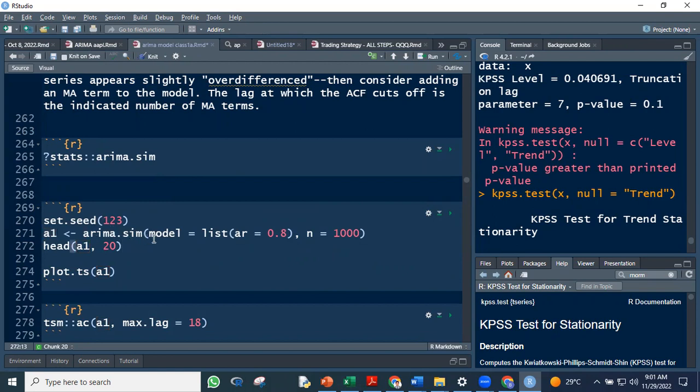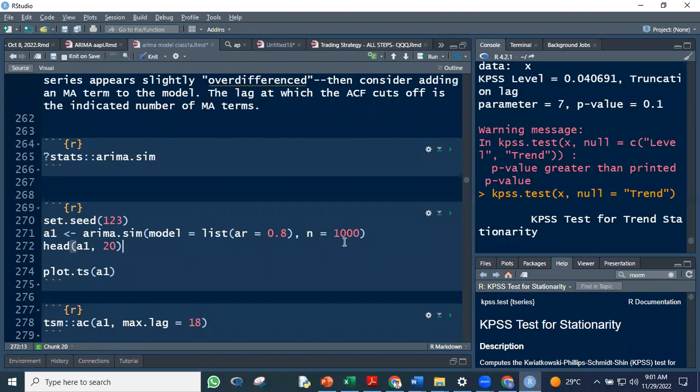Tapos, ARIMA siya, ang model is AR 0.8. Ano ibig sabihin nito? Ang model natin is y sub t is equal to a certain constant plus 0.8 times y sub t minus 1. So ito yung A1 natin, 0.8. Ito yung pinapamodel natin. Okay?